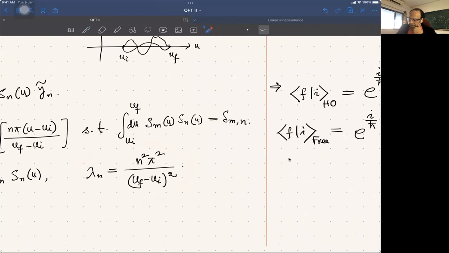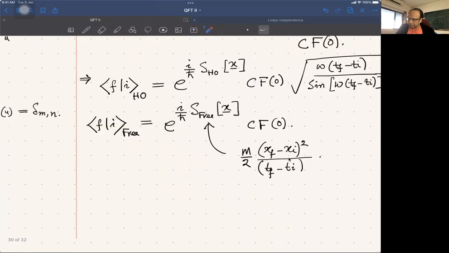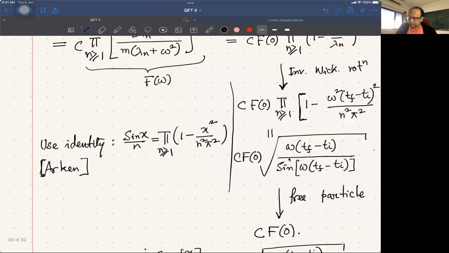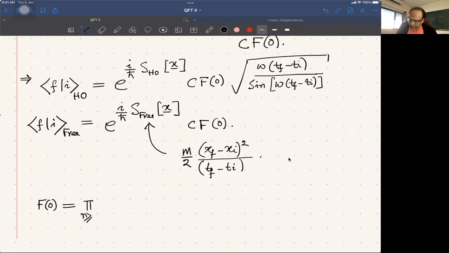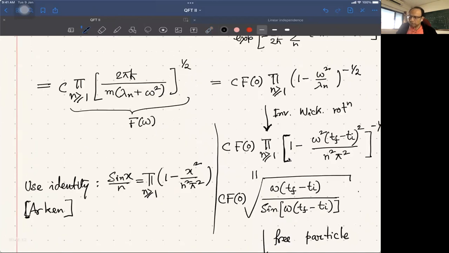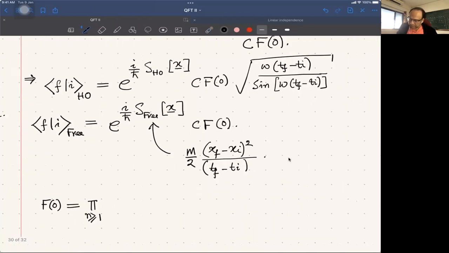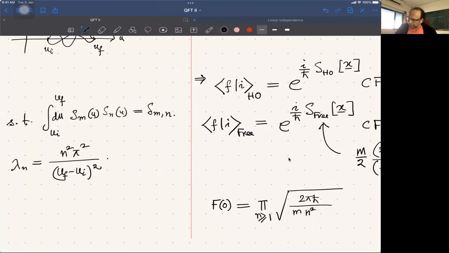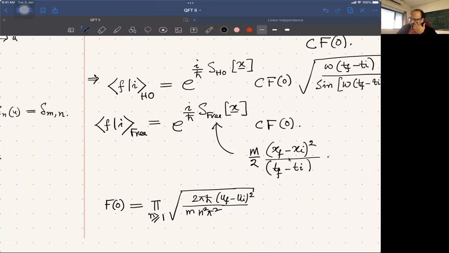To appreciate the problem, let me describe f0 more explicitly. f of 0 is the product over n greater than or equal to 1 of the square root of 2 pi h bar by m lambda n, with lambda n being n square pi square over uf minus ui squared.